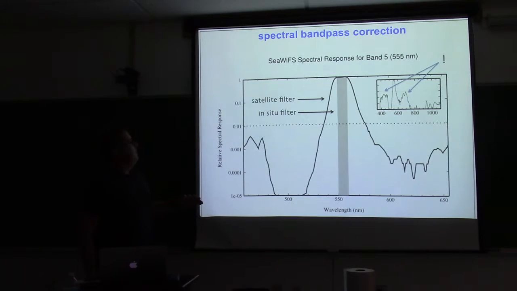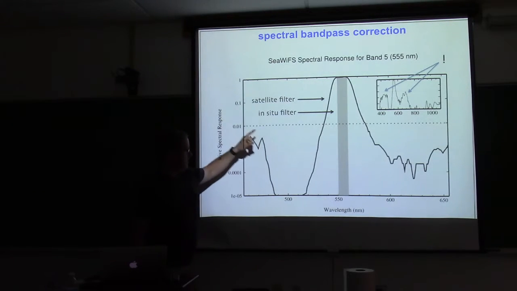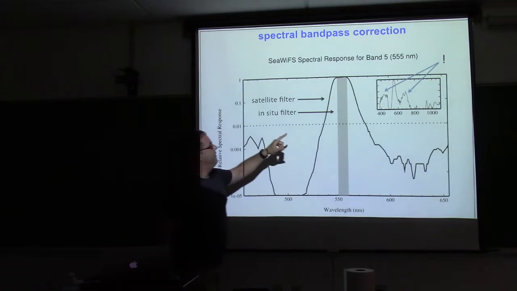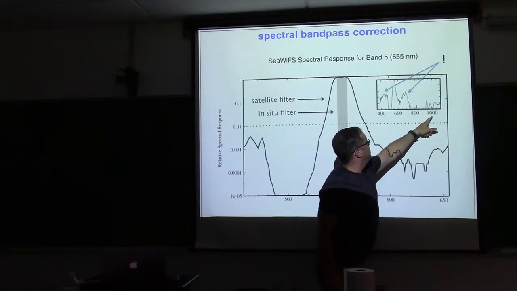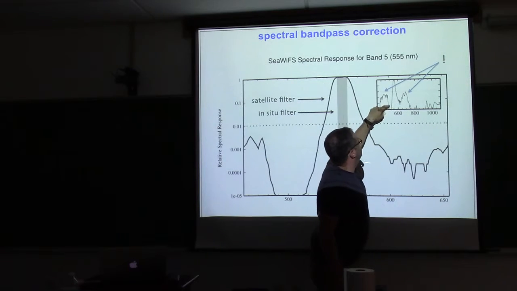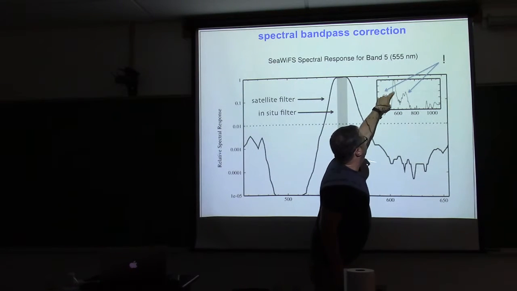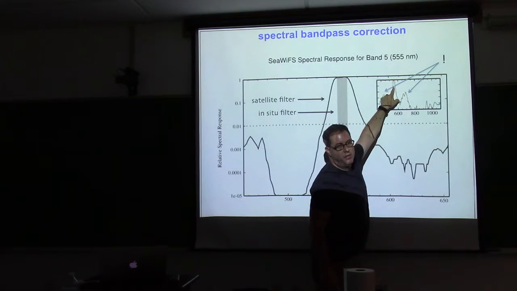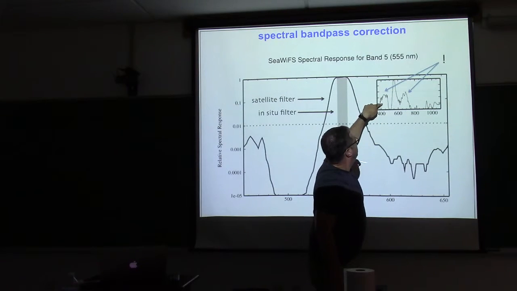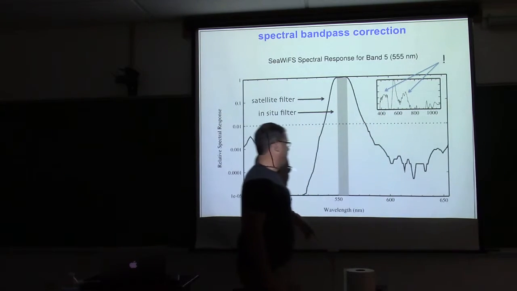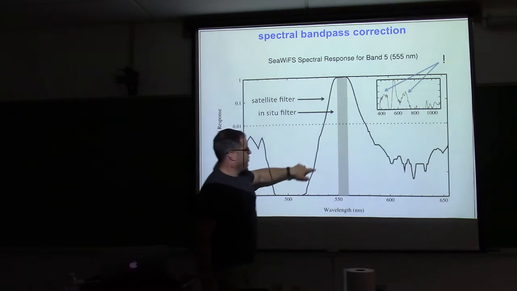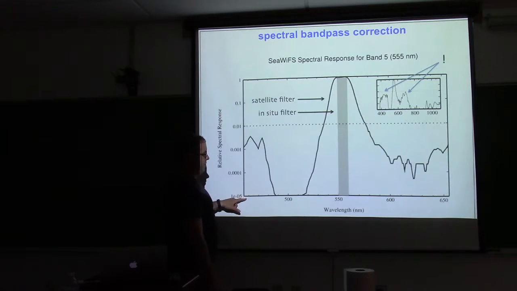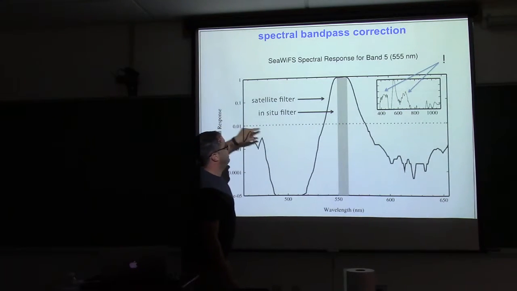And so this is SeaWiFS spectral response for 555 nanometers. If you look at the full spectral response from 400 nanometers to 1 micron, you can see its peak here. This is the signal we want to let through, but you're getting light from the blue and the red. The satellite filter here is zoomed in to the region from roughly 450 to 650 nanometers.